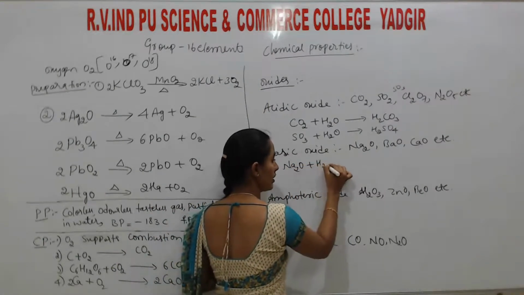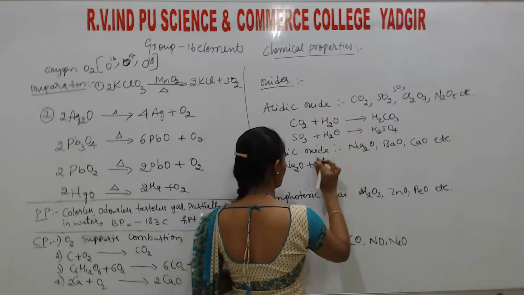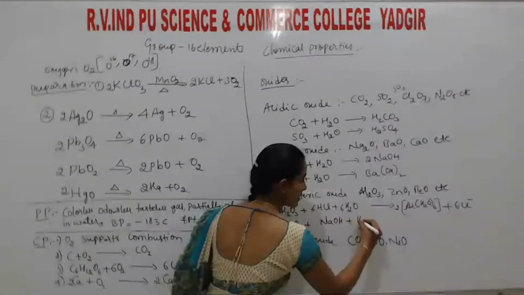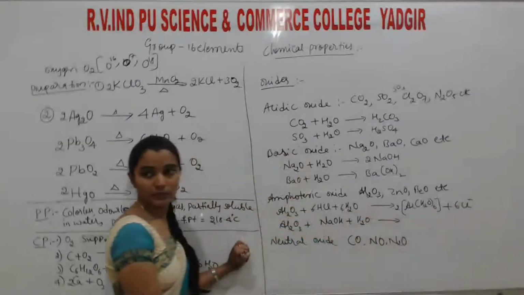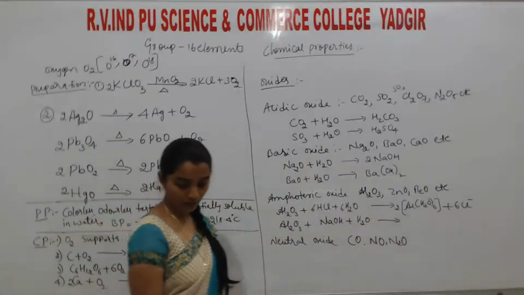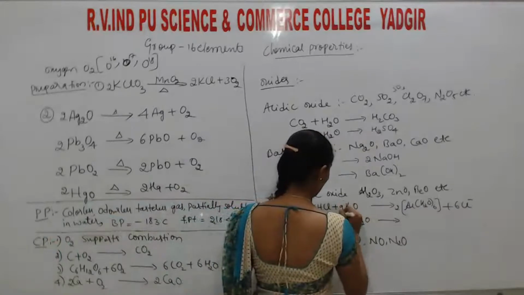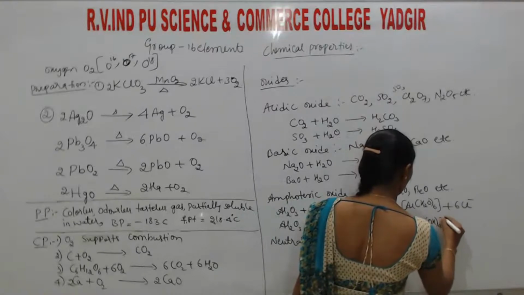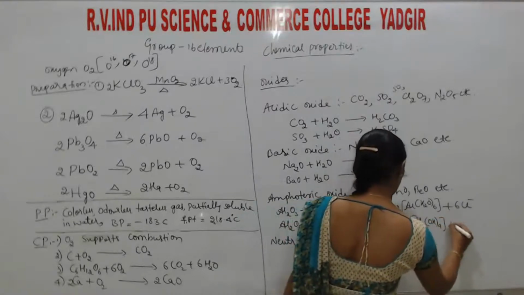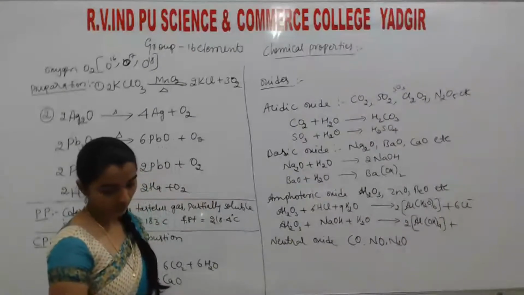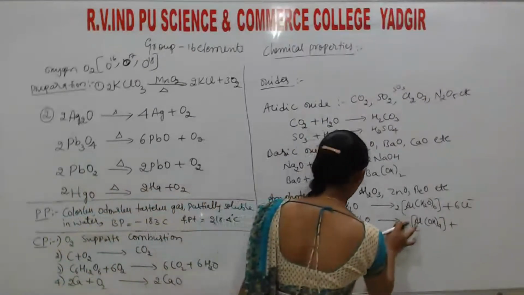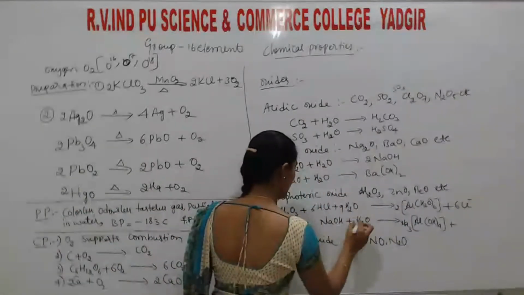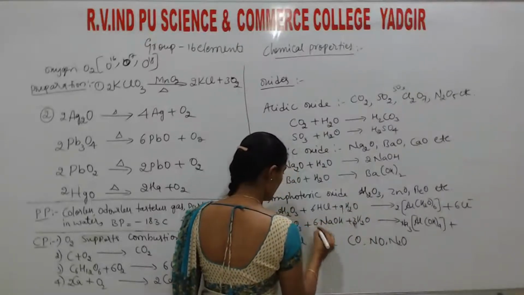Here, if Na2O reacts with water, no doubt it forms NaOH. Then the amphoteric oxide reacts with aqueous NaOH to form sodium tetrahydroxoaluminate.